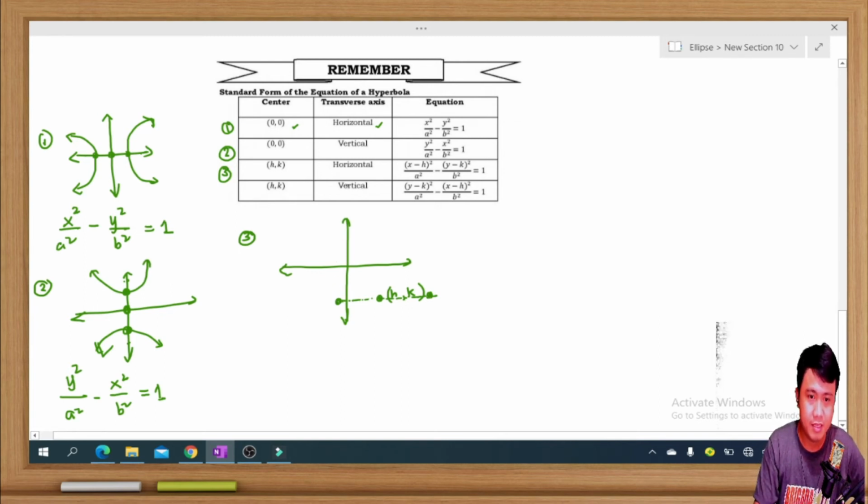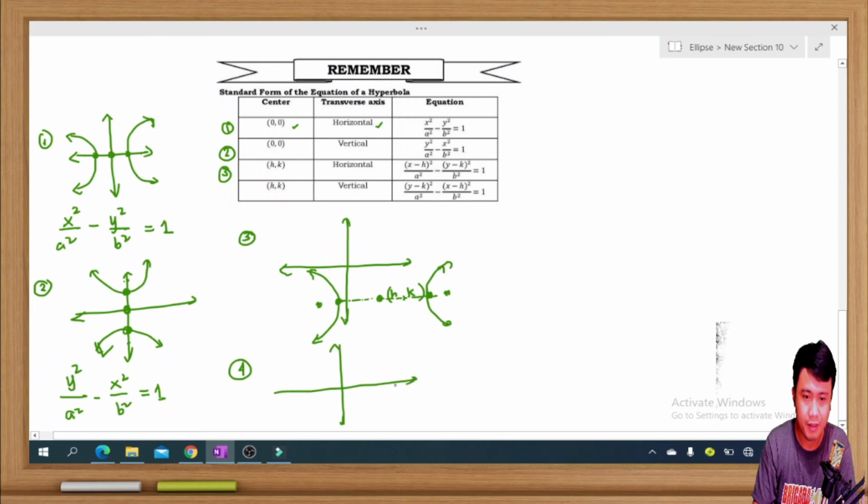And since horizontal yan, is either opens to the left or opens to the right yung mga branches ng ating hyperbola. Okay, at nandito rin yung mga foci. Ganun po ang itsura ng ating graph ng hyperbola kapag ang center po natin ay HK at horizontal yung ating transverse axis.